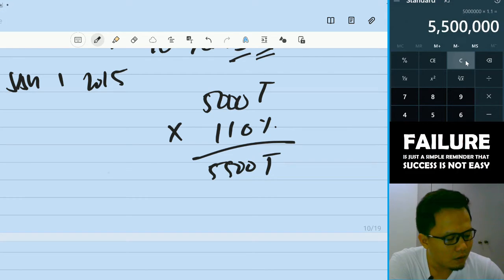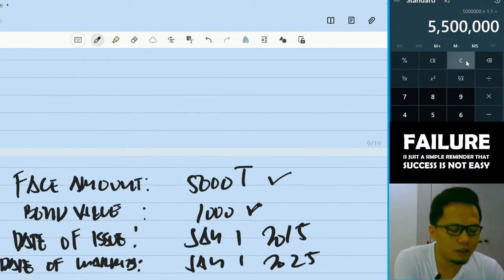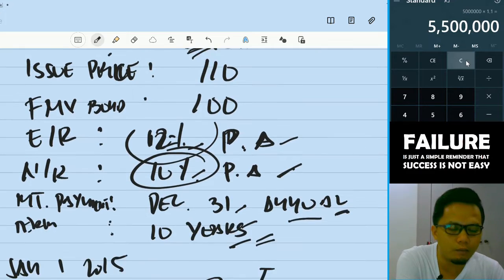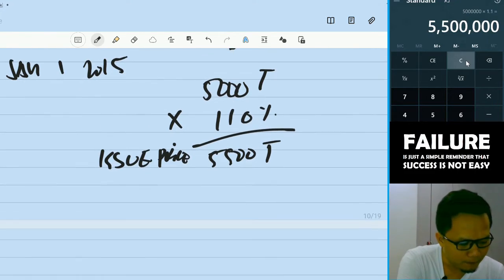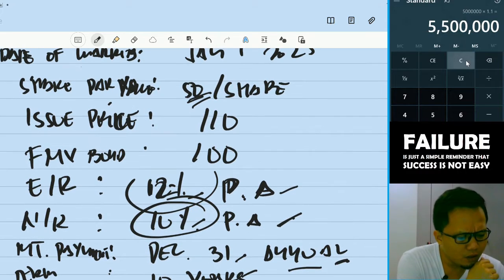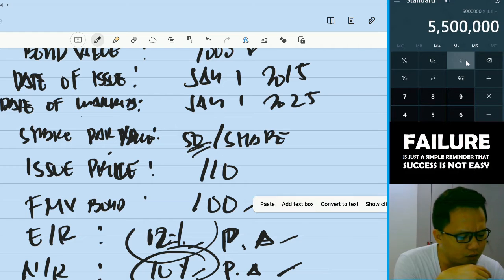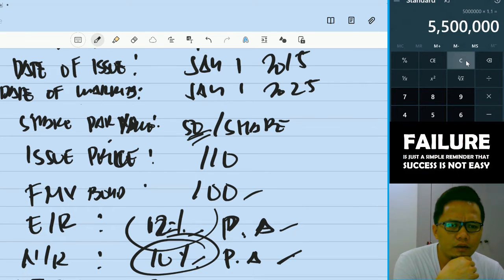So, we have 5,500,000 issue price. Again, remember, this is now a convertible bond.